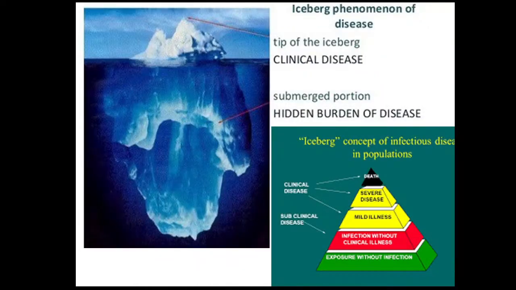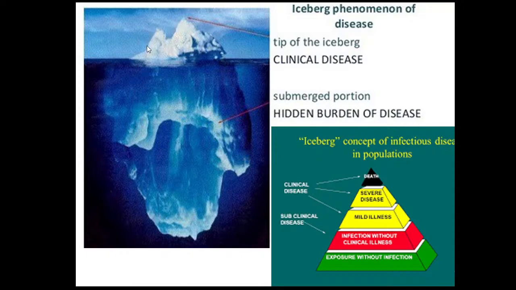That's why, when we are talking about the phenomenon of clinical disease, including infectious disease, we use the phenomenon of the iceberg. Can you see here? This is an iceberg in a sea.